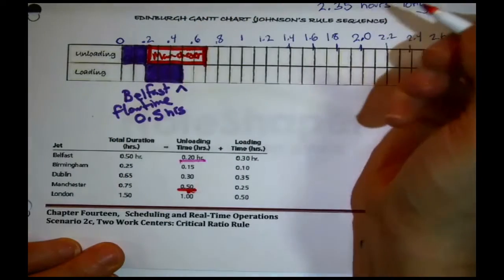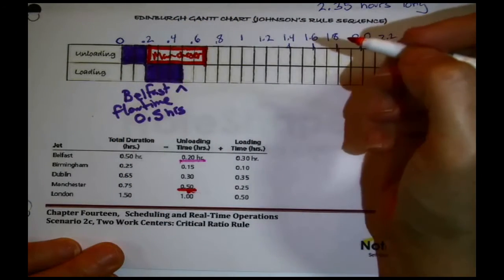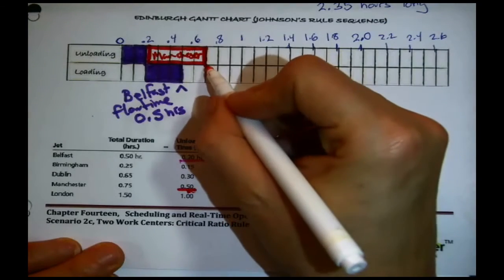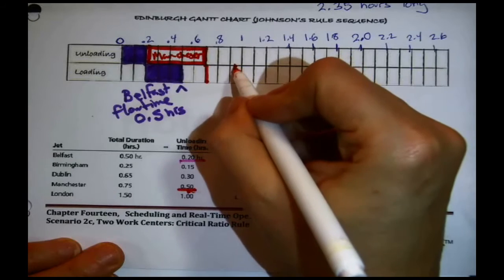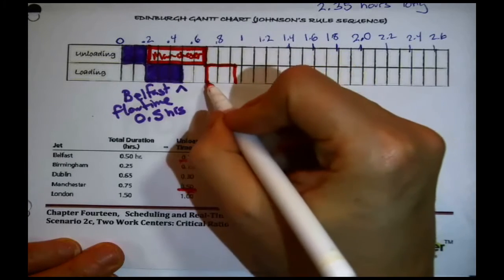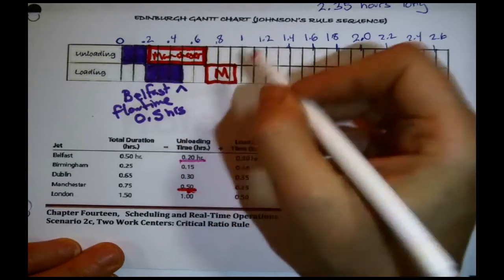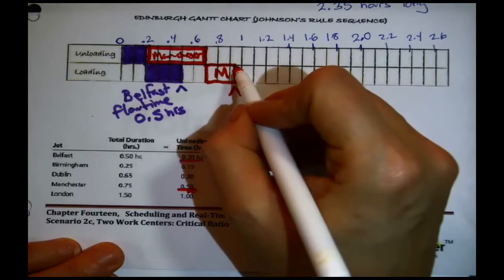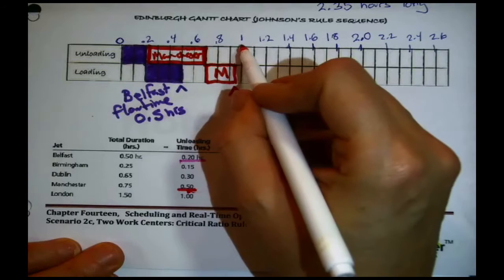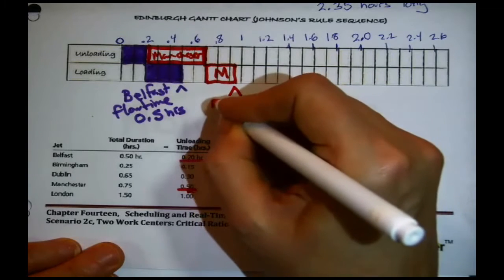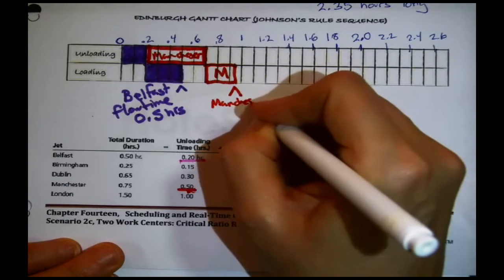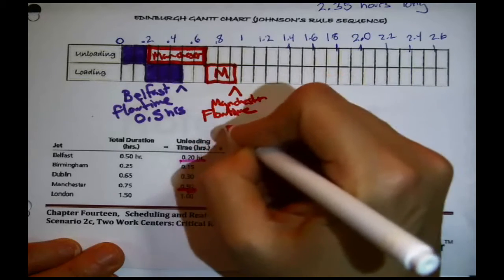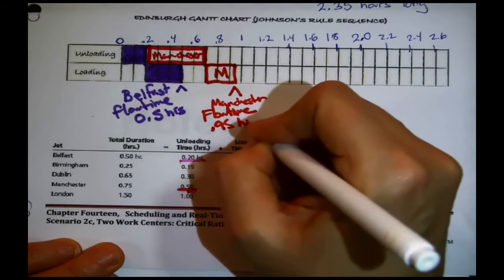Once it is unloaded, it can then be loaded again. That's only 0.25 hours, so 2.5 columns. Just put an M there for Manchester. Okay, fine. Where did it end up? Well, it's in between 0.9 and 1 hour. Manchester flow time, when we'll be finished, 0.95 hours from now.